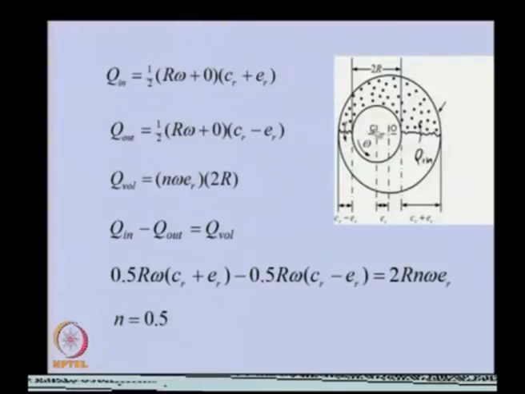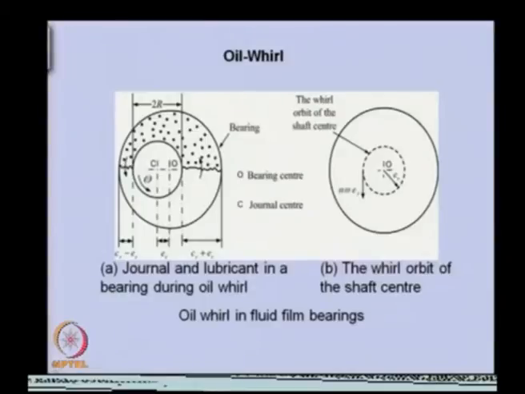Now, because of the motion of the shaft toward the downward direction, this is the whirling motion. So if nu is the whirling frequency of the rotor, and we multiply by er, that will be the velocity of the journal going toward the downward direction. Now we are taking nu as some factor of the speed of the rotor, a factor we don't know, n.